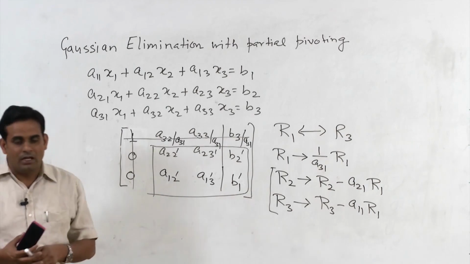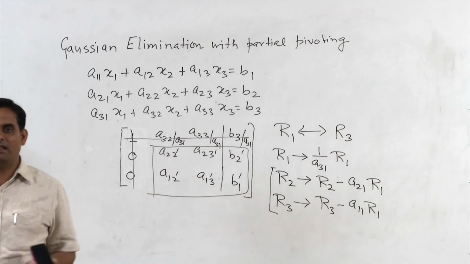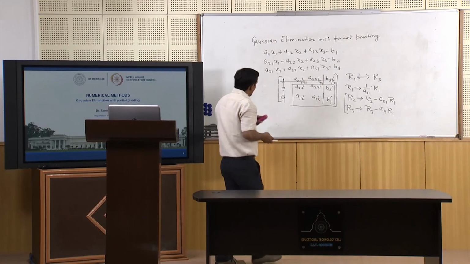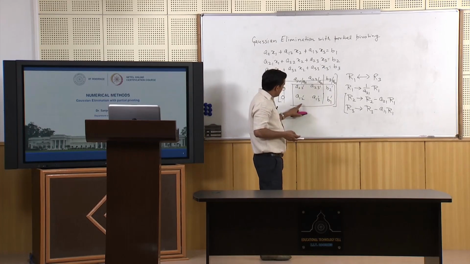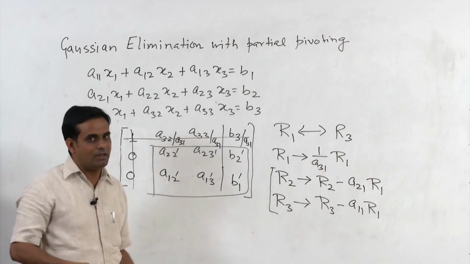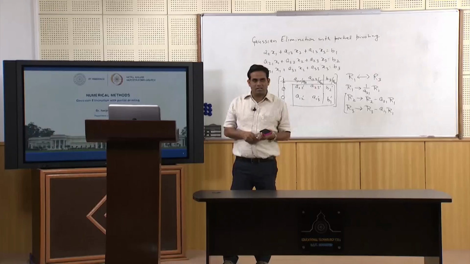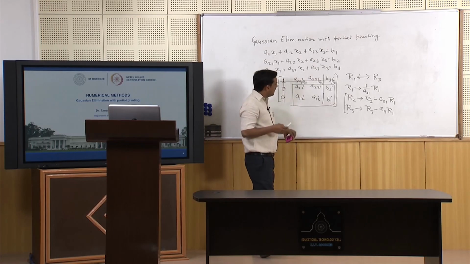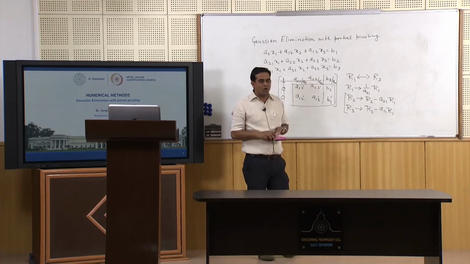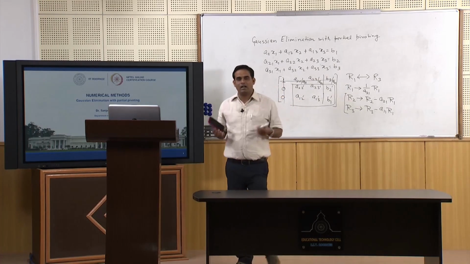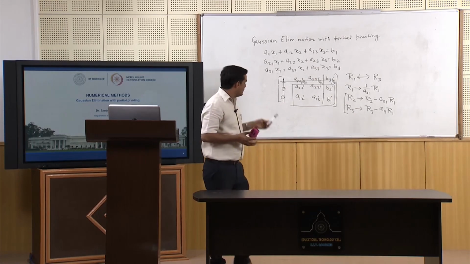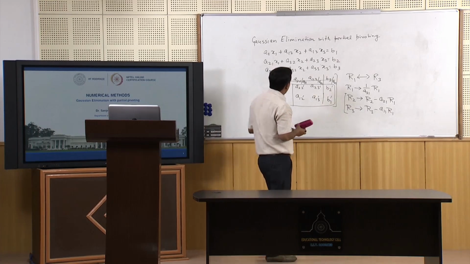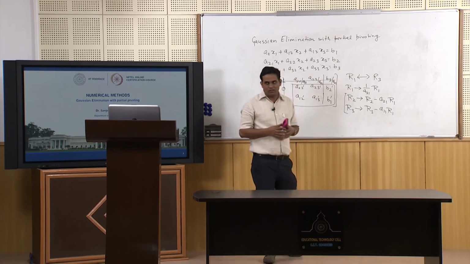So, finally we are changing the matrix into row echelon form. However, we are performing some extra operations by searching for the pivot elements and making the entries 0 with the help of pivot elements at the diagonal positions. So, this method is called Gaussian elimination with partial pivoting.